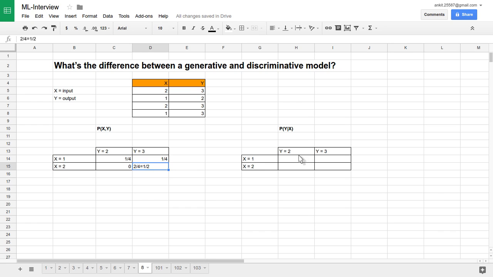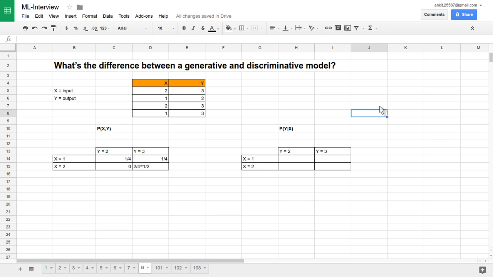Same way, let's find the probability of y given x. Let's say x has been given to you, and you need to find the probability of y. Let's take x is equal to 1. The total data set having x is equal to 1: we have a total of 2, 1 comma 2 and 1 comma 3. And what is the probability that y is equal to 2?